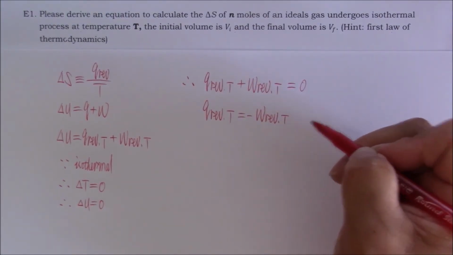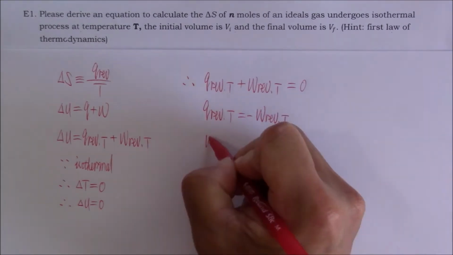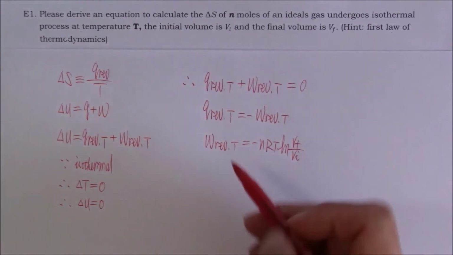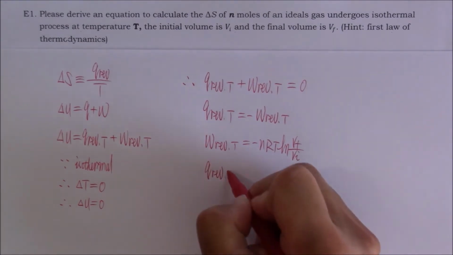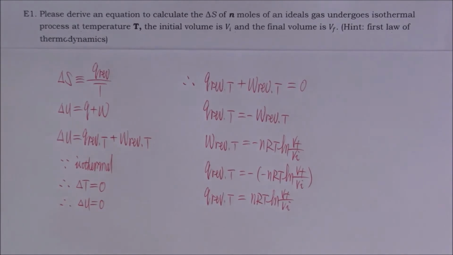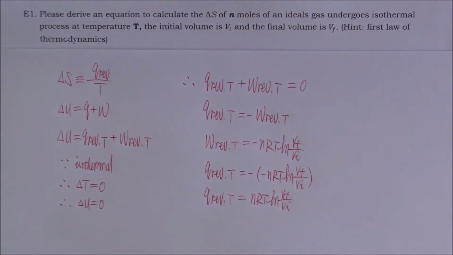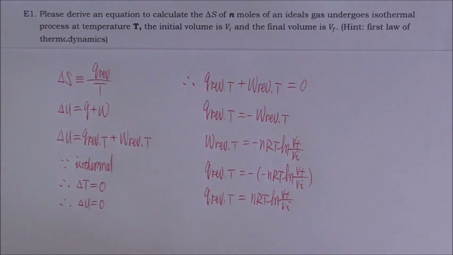If you recall, we know the work for an isothermal reversible process. Therefore, we can get the expression of Q reversible at temperature T. Since we know the expression of Q reversible, we can plug it into the definition of delta S. Then we get the equation for the entropy change during an isothermal process.